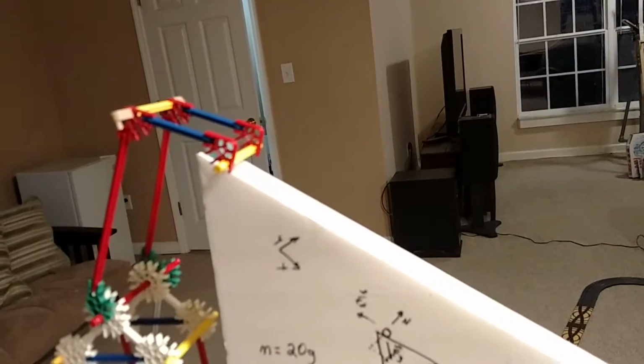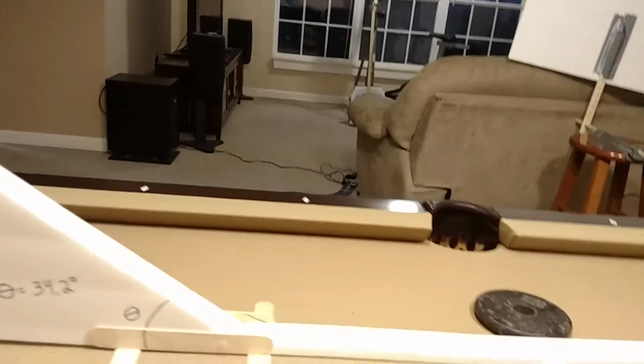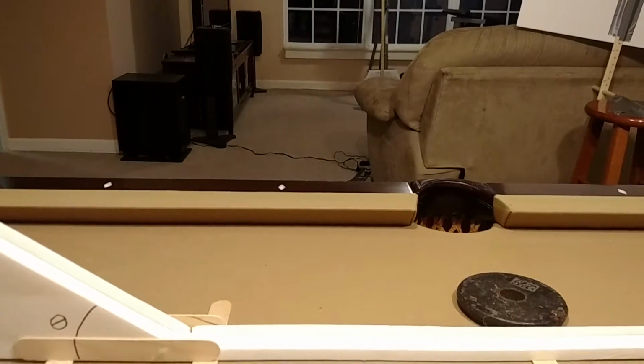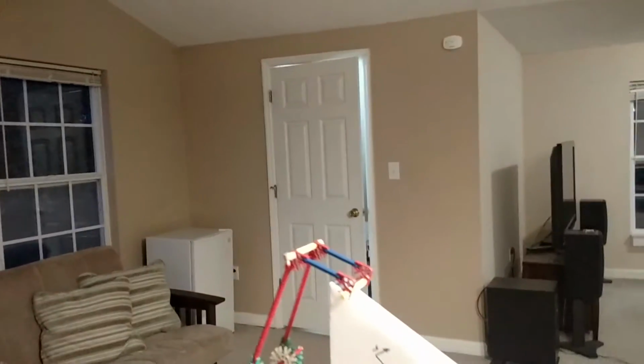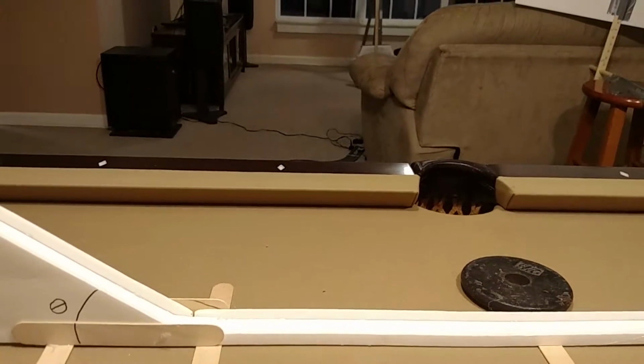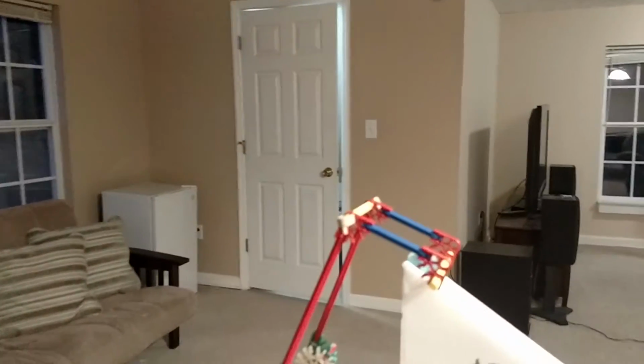So if we look at what happened, again, we have the force due to friction and the work from friction as it travels this distance here, so our kinetic energy is going to equal our potential energy minus the work due to friction. But we also have to look at the fact that the marble was rotating.